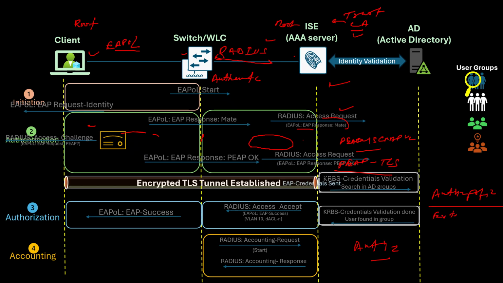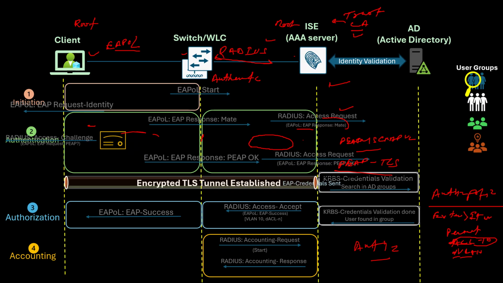If the external group, because we have Active Directory, belongs to the IT user group, for example, then as a permit we give the dynamic VLAN, say VLAN 10, and the ACL we create as a DACL, a dynamic ACL. Both the dynamic ACL and the dynamic VLAN can be assigned, because per user group you can assign different ACLs and different VLANs.